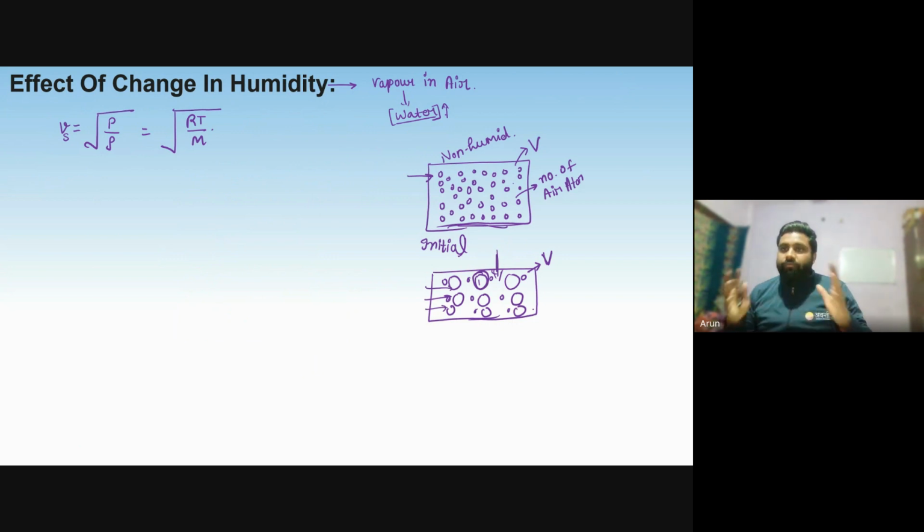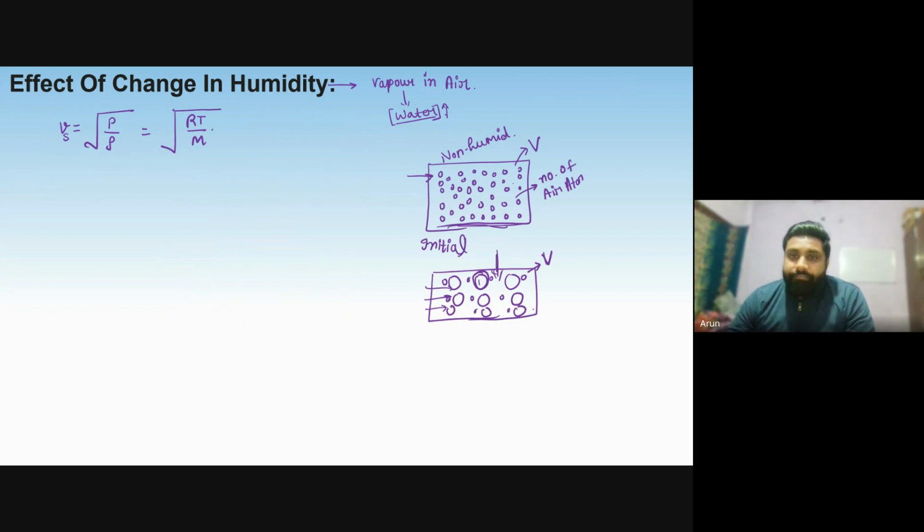So most of the volume is occupied by the H2O molecules. But the propagation of this wave will only depend on the air, because we are talking about the air.